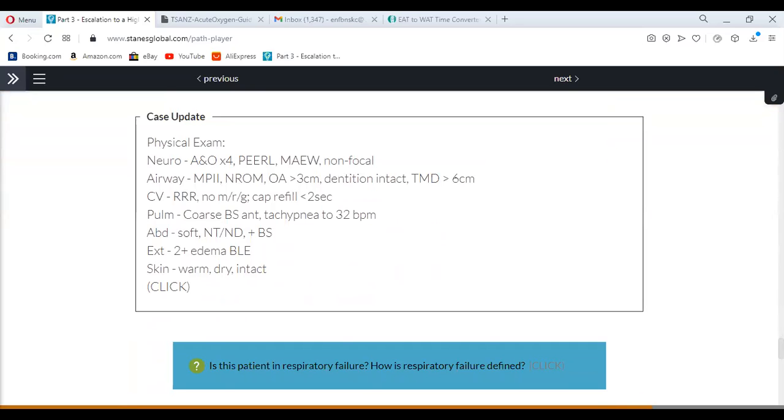He was found to be alert and oriented, the pupils are equally reactive to light, and he moves all extremities, no focal lesion. Airway, I think Mallampati 2, and mouth opening is greater than 3 centimeters, it still remains the same.